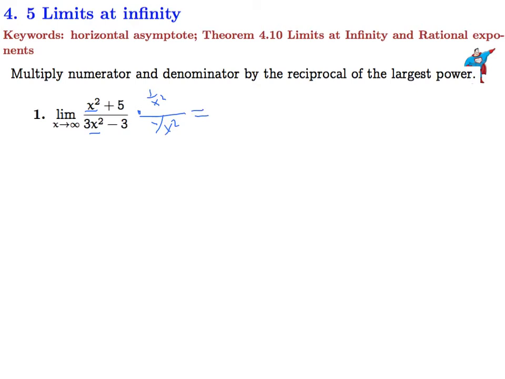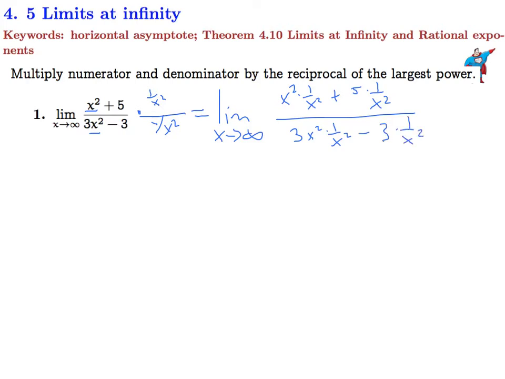So let's distribute this and see what we end up with. We're still going to have the limit part because we haven't taken a limit yet. We need to multiply the 1 over x squared by both terms. So we've got x squared times 1 over x squared plus 5 times 1 over x squared all over 3x squared times 1 over x squared minus 3 times 1 over x squared.